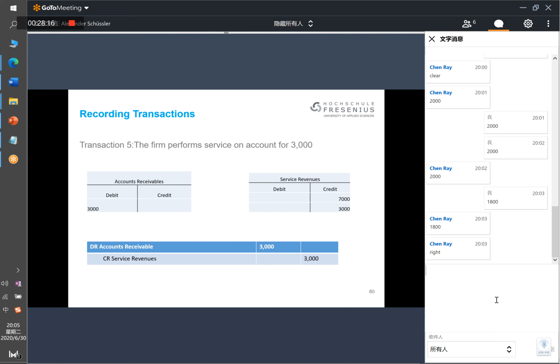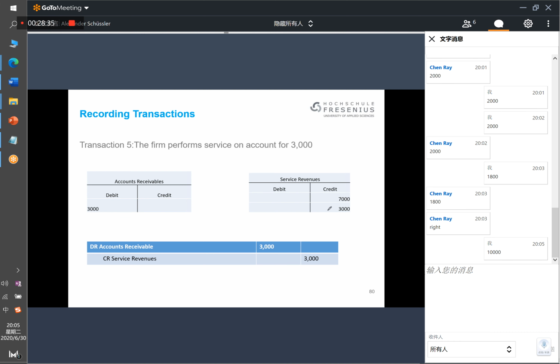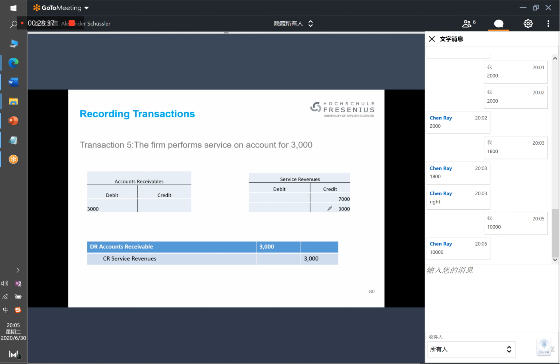Service revenues. How much is service revenues? 10,000. Which side?